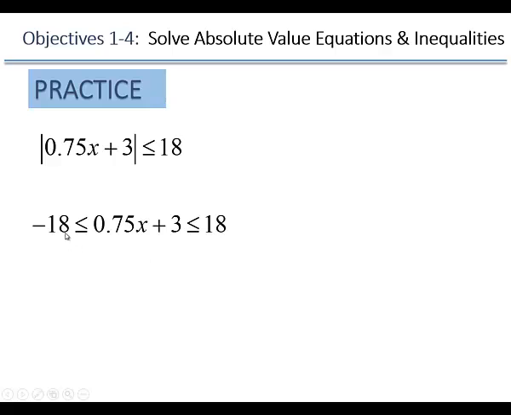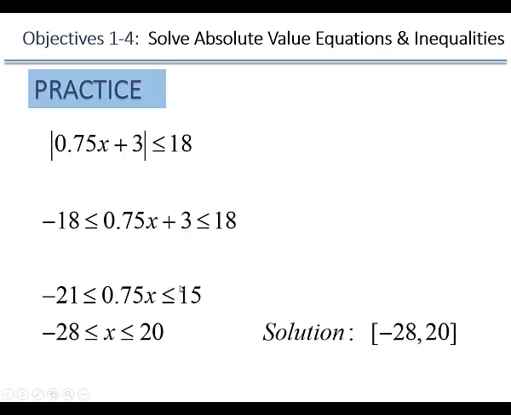Now we can solve this 3-part inequality, or I call it a sandwich inequality, because our variable is sandwiched between the upper and lower limits. We're going to subtract 3 from both sides, all 3 sides actually, and then divide each part by 0.75. There's no sign flipping necessary there, so it's okay to just treat all 3 parts together.